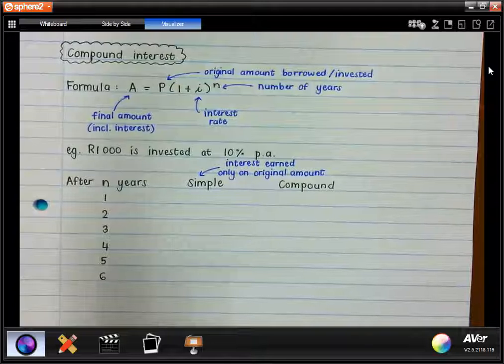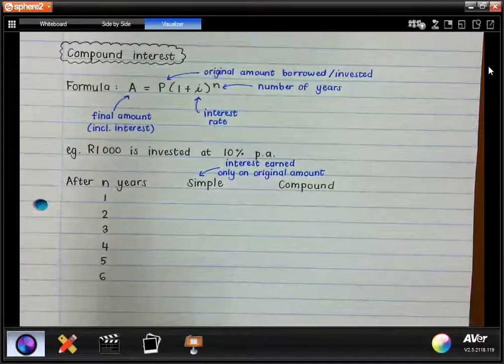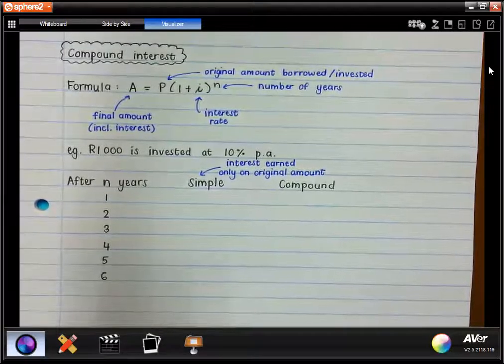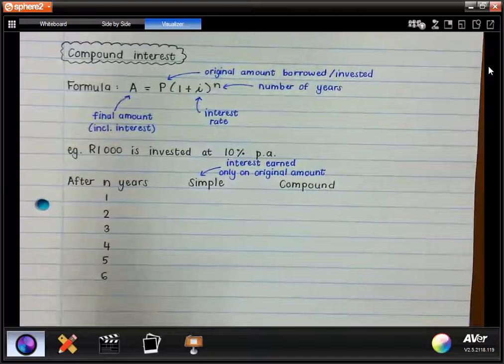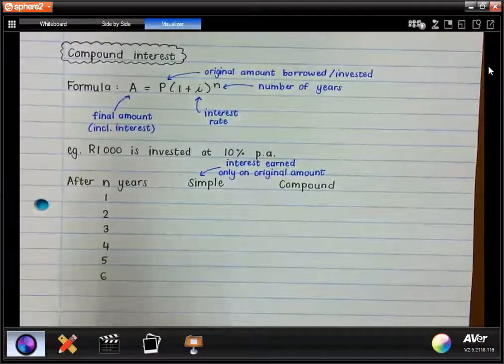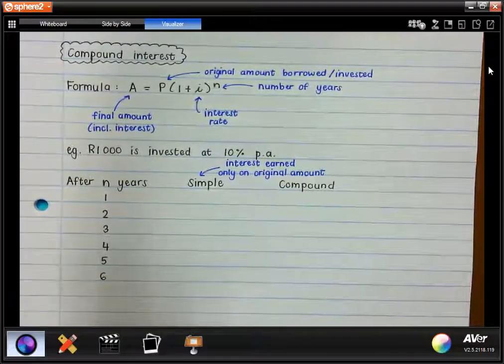Interest is earned only on the original amount. So if I'm telling you that we've invested 1,000 Rand, the interest in year 1 is going to be 10% of 1,000 Rand. The interest in year 2 is going to be 10% of the original amount of 1,000 Rand. The interest in year 3 is again going to be 10% of the 1,000 Rand. We are going to calculate it now, but that is how simple interest works. The interest is earned only on the original amount.